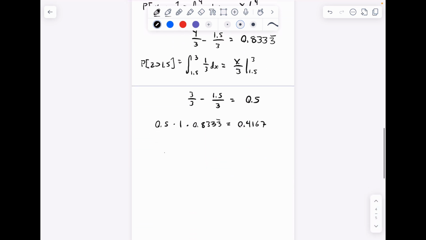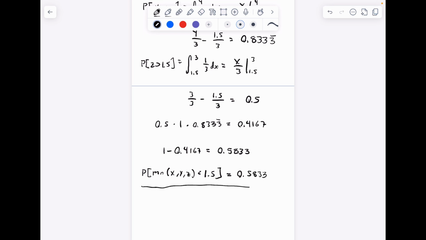So we have to subtract this from 1, giving us 0.5833. The probability that the minimum of x, y, and z being less than 1.5 is equal to 0.5833, about 58.33%.